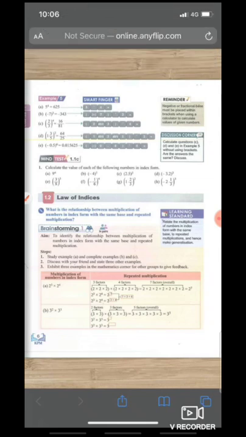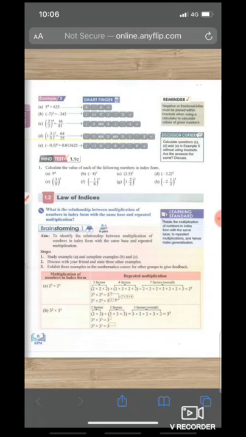Step 2, discuss with your friend and state 3 other examples. Step 3, exhibit 3 examples in the Mathematics Corner for other groups to give feedback.